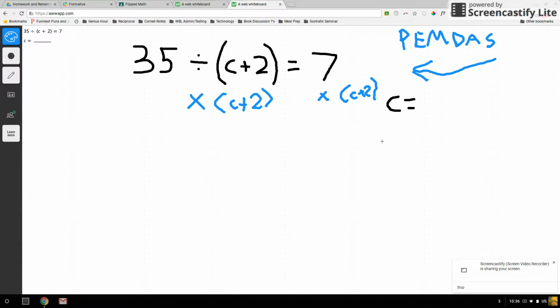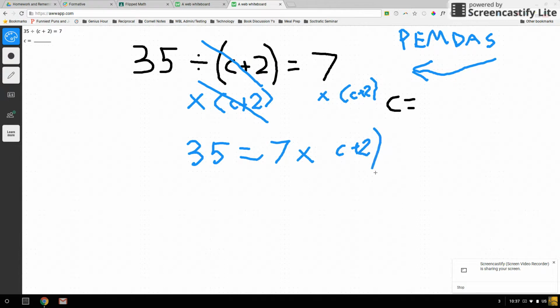Always rewrite it when you do a proof, otherwise you'll make mistakes and it gets to be too confusing. So if I divided by c plus 2 and I undid it by multiplying by c plus 2, those both cancel out, so I just have 35 on one side, my equal sign. On the other side, now I have 7 times c plus 2 in parentheses.